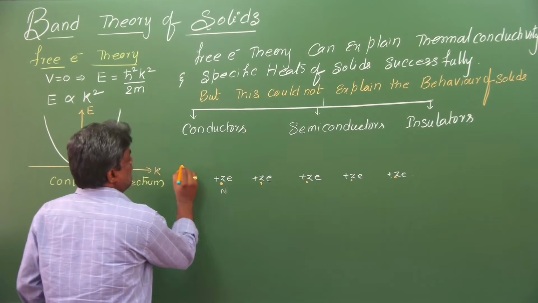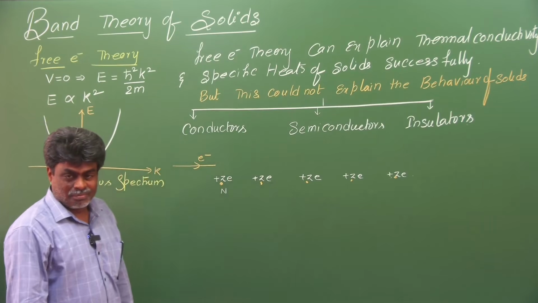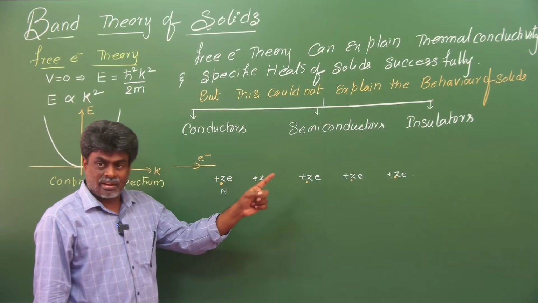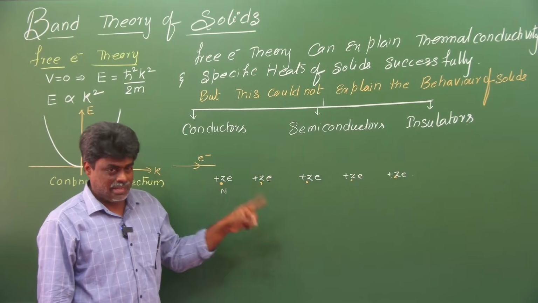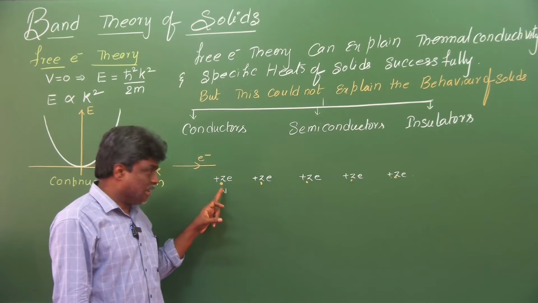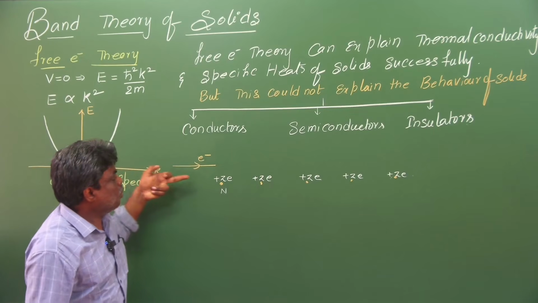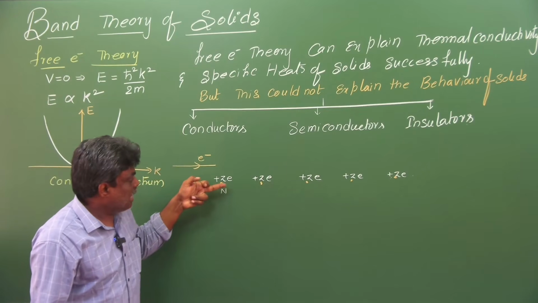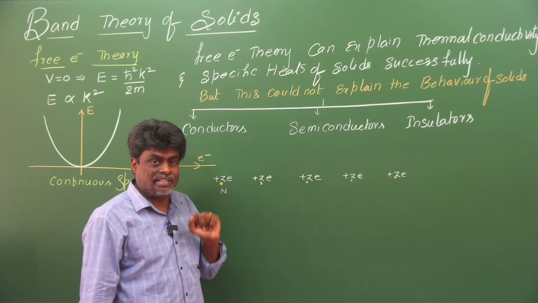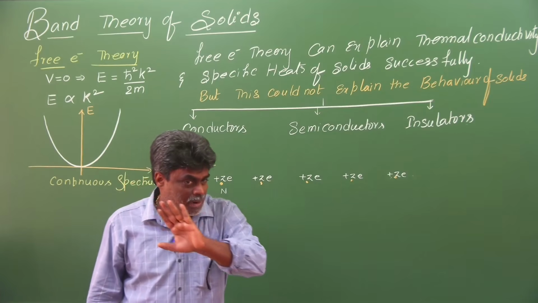Now what you are saying, your electron is moving in the lattice. But if you observe carefully, the electron is moving in the periodic lattice, where we have positive ion cores. So the electron is coming close to the positive ion core, again going away, again coming close, again going away, like that. That means this electron is not at all a free particle.